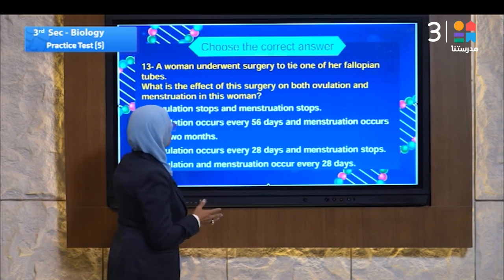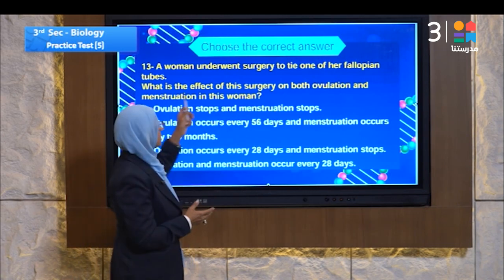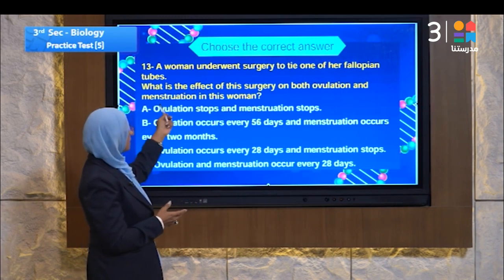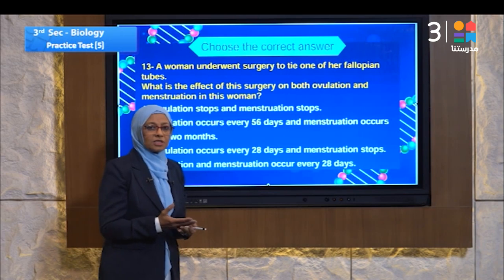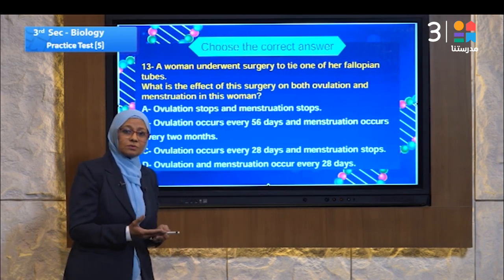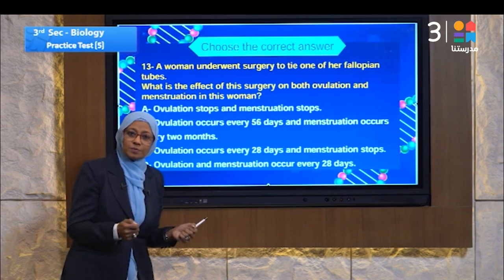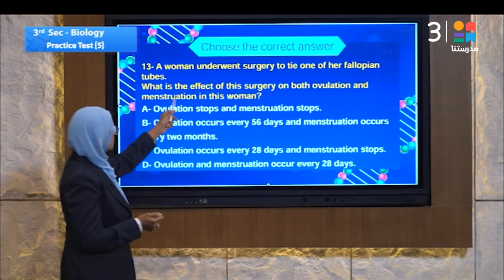So it makes ovulation. And the menstruation in this woman? Menstruation is done because the hormones are present. So tying the fallopian tube doesn't affect ovulation or menstruation.